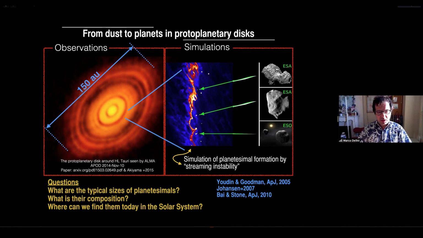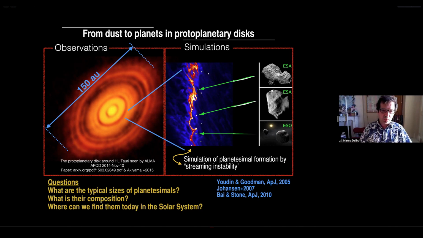The planetesimals are, let's say, the theoretical objects, the first stage of formation of planets. And there's a big debate in the community about their sizes in particular. While this problem is typically addressed theoretically, our idea was to try to locate as many of them as possible in the main belt.